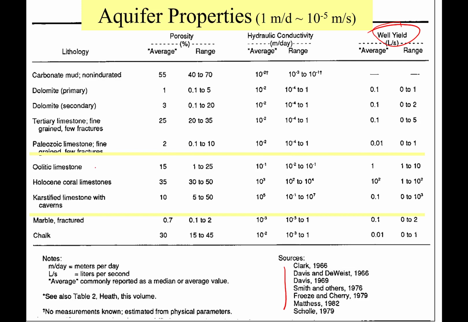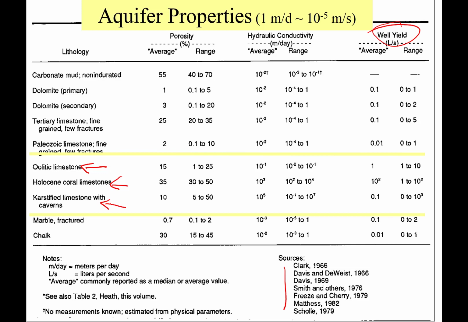not so much the Paleozoic, because we've got an oolitic limestone that's from the Paleozoic limestones of the mid-continent, but then Holocene coral limestones, that would be like the Biscayne Aquifer down in southern Florida, and karstified limestones with caverns, that would be in any kind of a karst system.